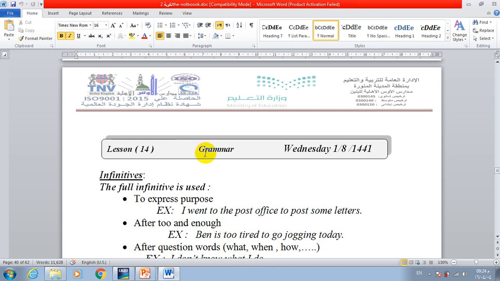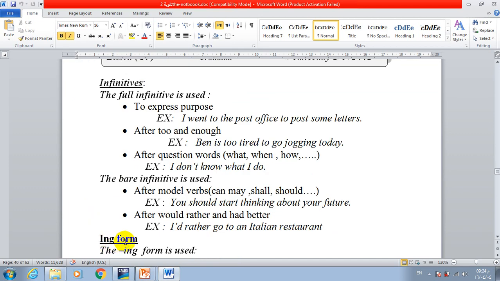We are going to explain how to use infinitives and ing forms in sentences. Let's start with the infinitives.